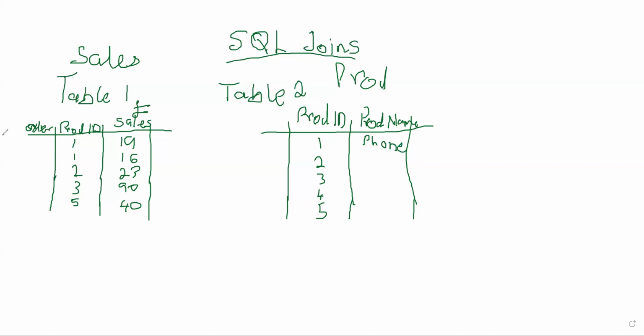But most times you get to see a key that is increasing arithmetically, like 1, 2, 3, like a serial number.